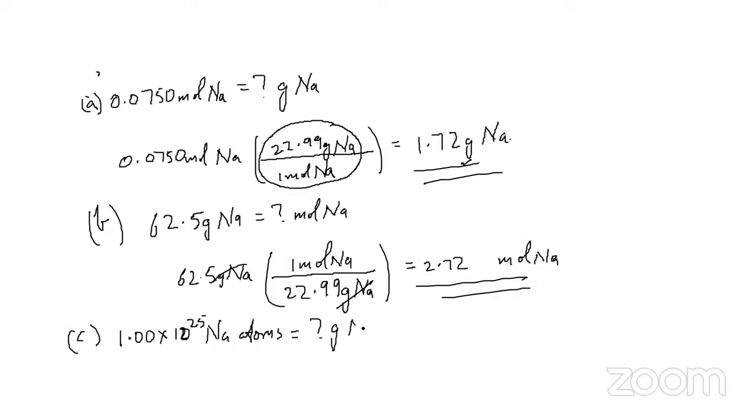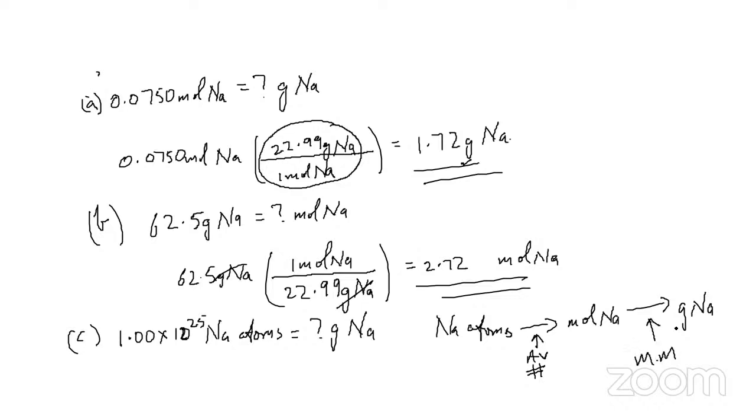In this case, you need to do a series of 2 conversion factors. You need to convert from sodium atoms to moles of sodium, and for that you're going to need Avogadro's number. Then you need to convert from moles of sodium to grams of sodium, and for that you're going to need the molar mass.